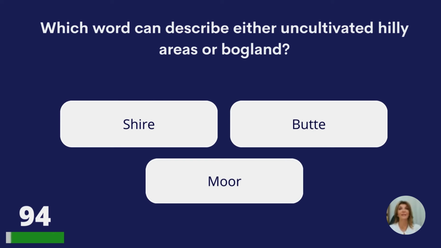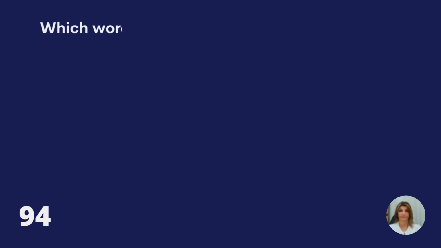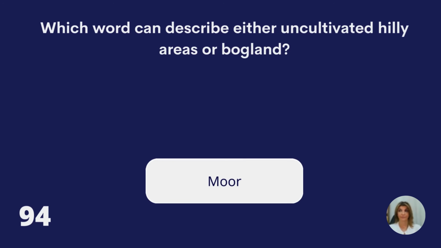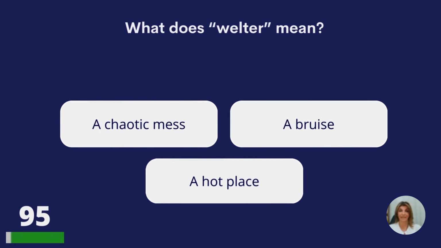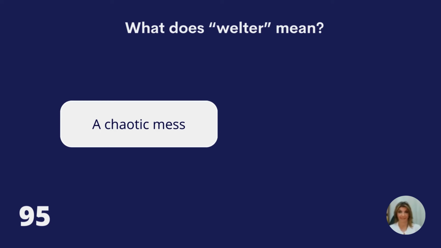Which word can describe either uncultivated hilly areas or bogland? A shire, a butte, or a moor? A moor. What does welter mean? A chaotic mess, a bruise, or a hot place? A chaotic mess.